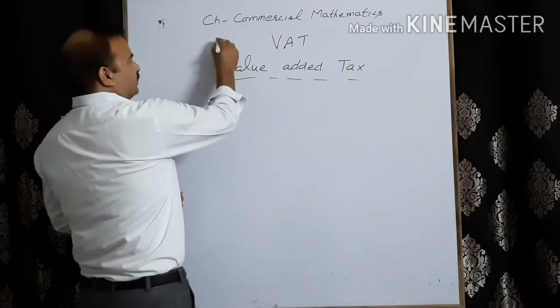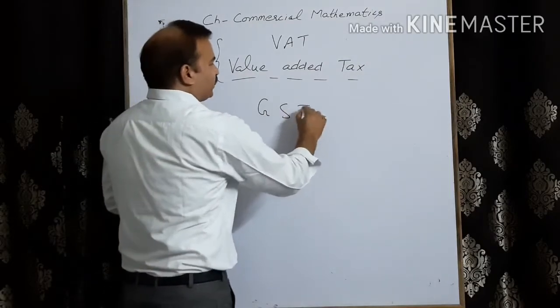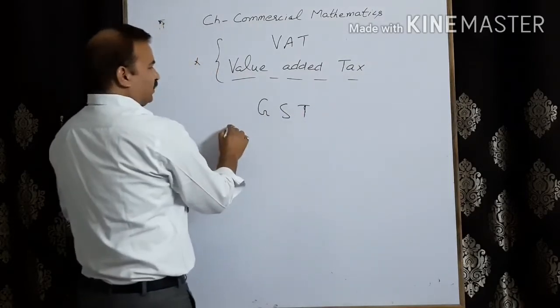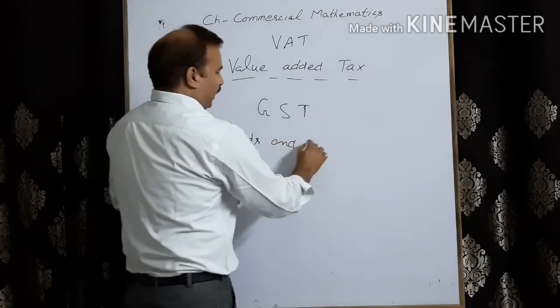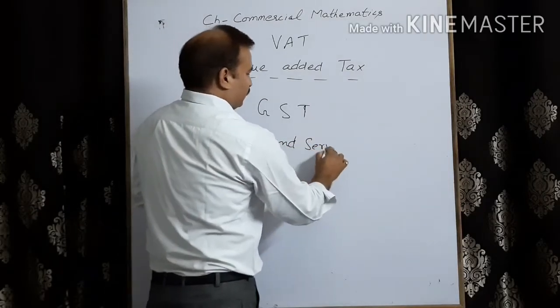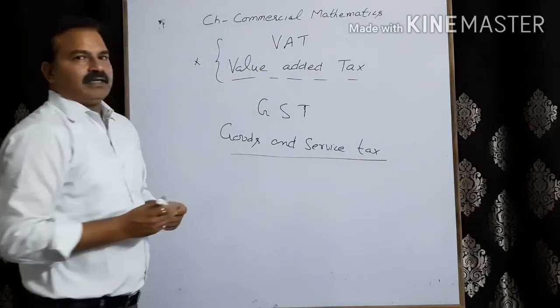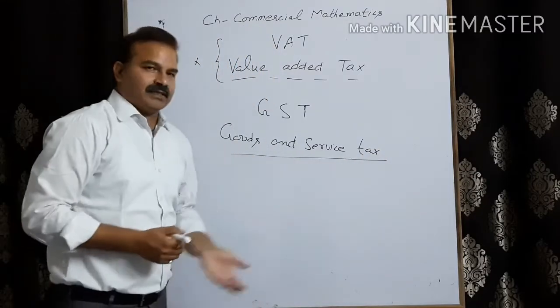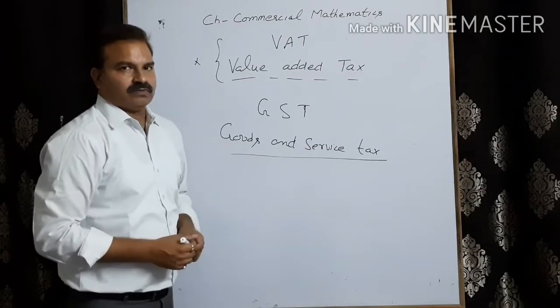Nowadays, this tax has been removed and now we have GST. The full form of GST is Goods and Service Tax. It's again taken by the state government and then by the central government.